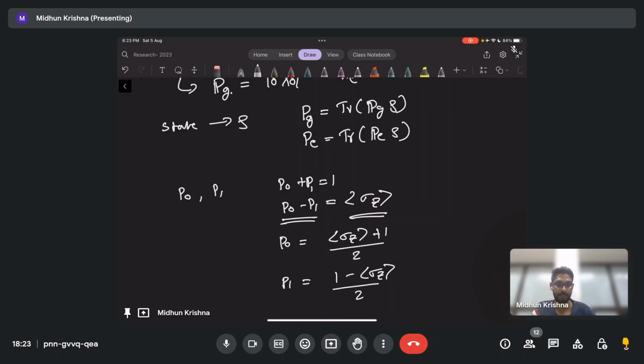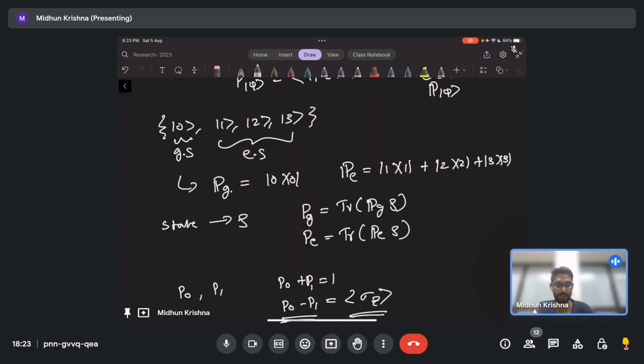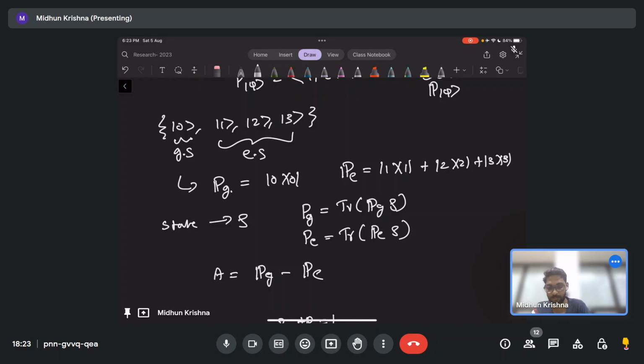At the end of the day, if I want to do this kind of thing, I'll have to define an observable. Let me say, I'll define A is equal to PG minus PE. This is a bit advanced, but let's just do it. The course title itself has advanced, so why not?